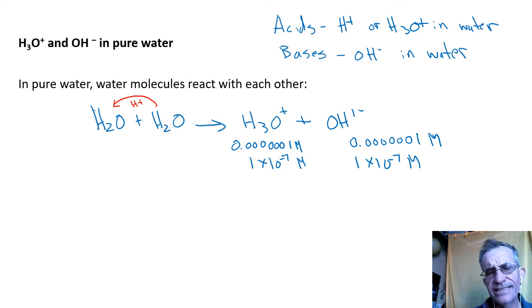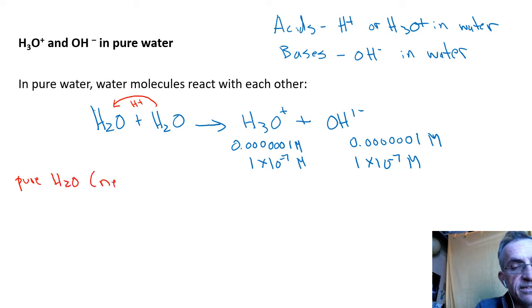Now, this leads us into how these two ions relate to each other. To help us understand that, I'm going to write up a little diagram. So first off, pure water is neutral. It's not really acidic or basic.